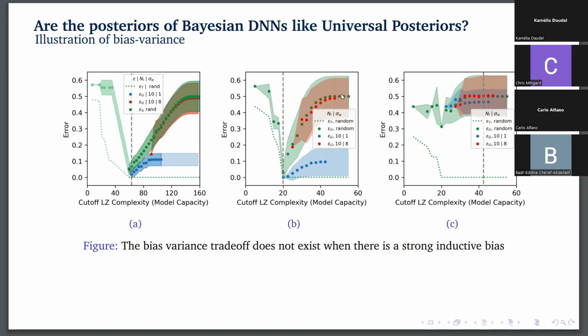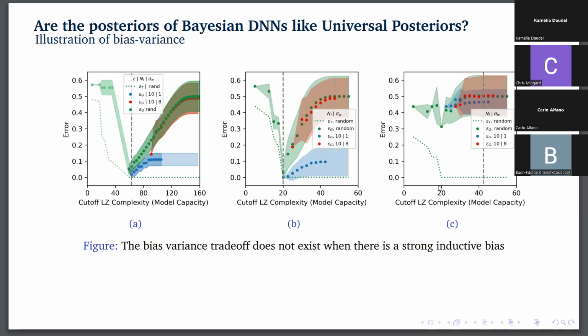If I do this where I have a uniform probability over strings with minimum training error, I get classic bias variance behavior, right? As I increase this cutoff, I allow more and more complex functions. I get much, much worse performance until it's 50%. But because the ordered neural network has a very strong inductive bias, the complex functions are probably suppressed, so I can increase this cutoff and I don't suffer enormously in terms of error.